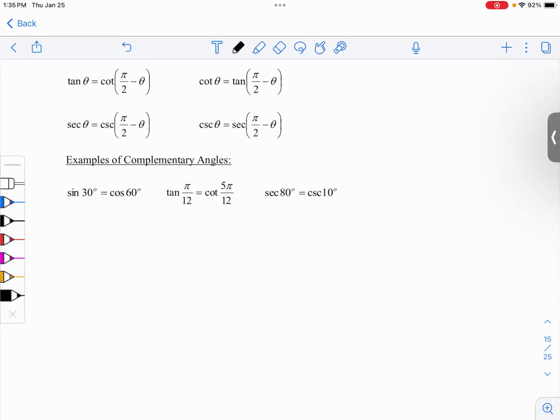And that's what all these say. 30 degrees plus 60 degrees is 90. And that's why these are equivalent: the function and angle, the cofunction, and the remaining pi over 2 or 90 degrees.